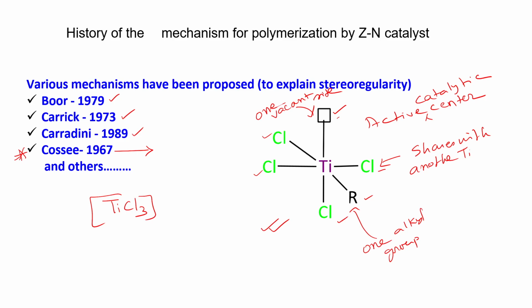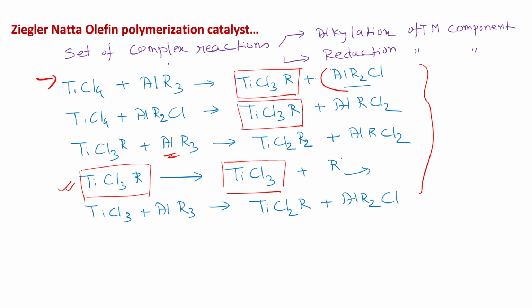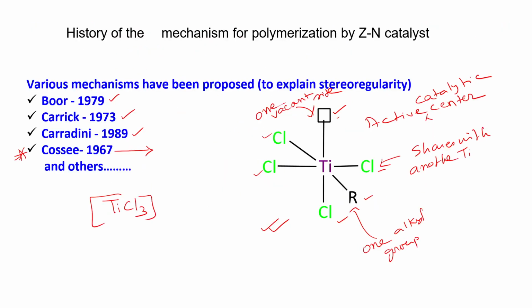So, when one of the R groups is there, you are seeing that this is actually this particular compound TiCl3R, and they are actually connected with different titanium centers. So it is not in a monomeric form. It is also in a polymeric system type, and it actually presents in some network type somehow.